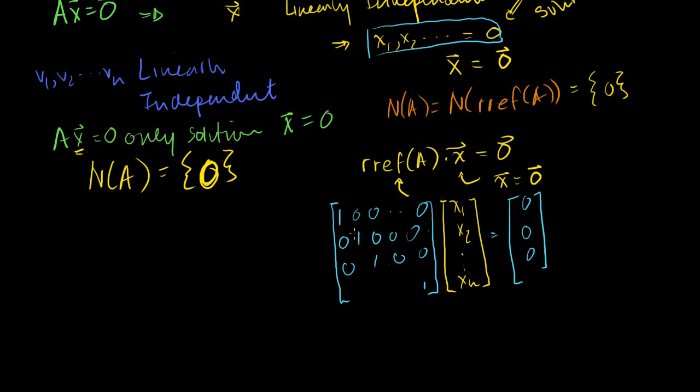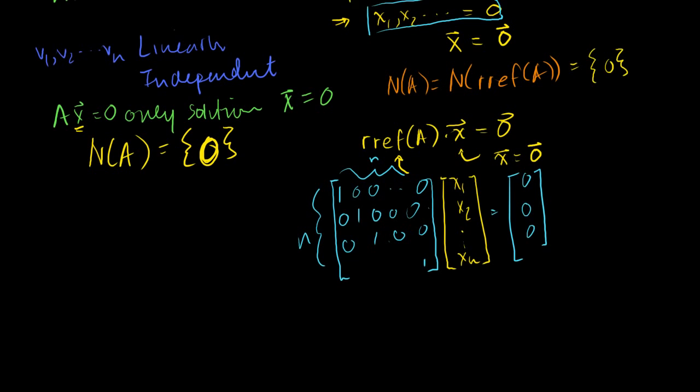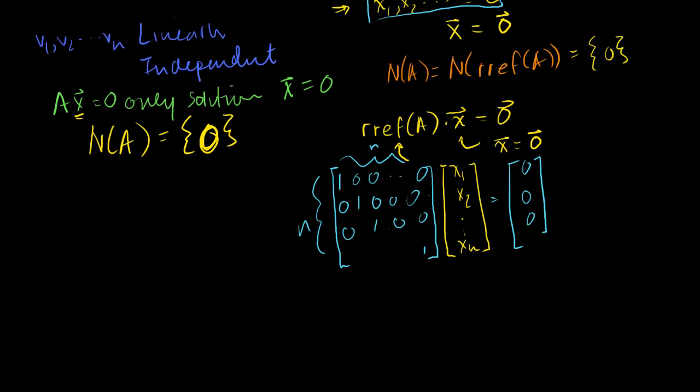And this is going to be a square matrix where this has to be n and this has to be n. How do I know that? Because I said that x1, x2, and all of these have to be equal to 0. So if I just write them as a system of equations, x1 is equal to 0, x2 is equal to 0, x3 is equal to 0, all the way to xn is equal to 0.